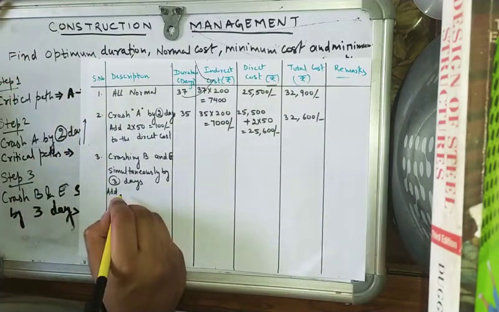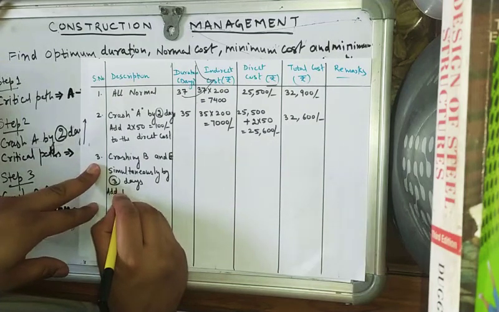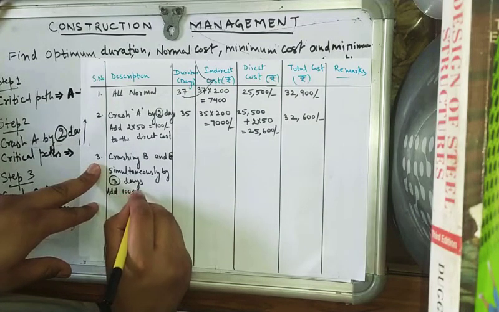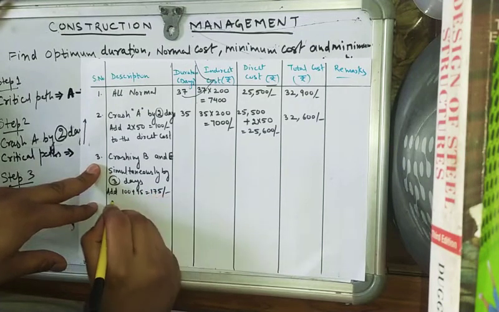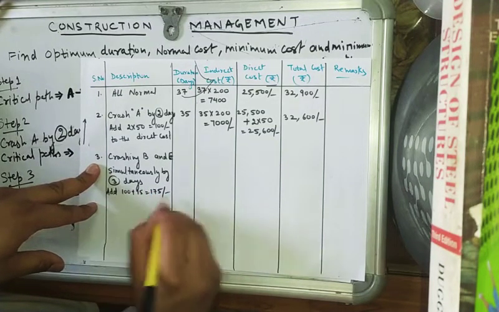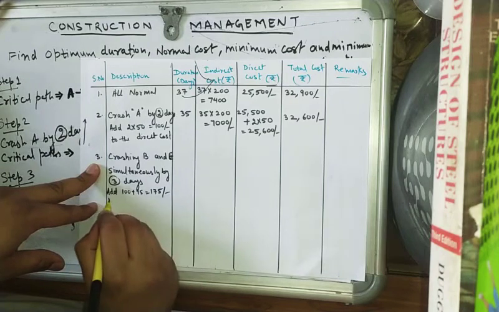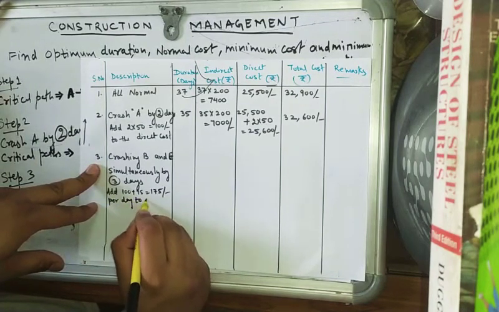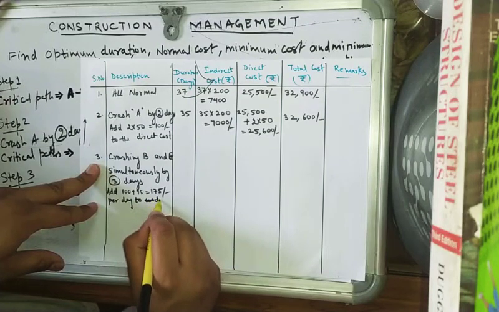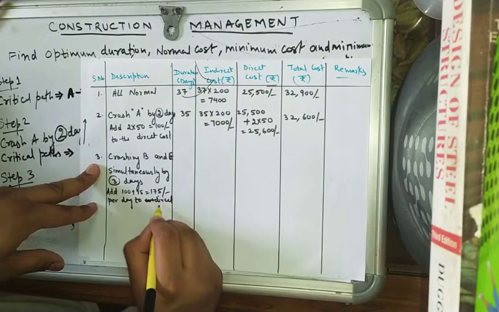We'll add the cost slope of B and E, 100 plus 75 equal to 175, 175 per day, to the direct cost.